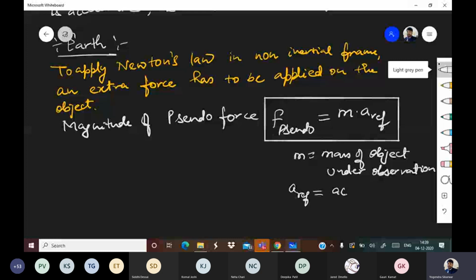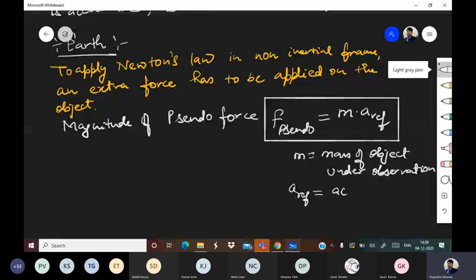When study of motion is done from an accelerated frame or non-inertial frame. Number two, value of force will be F is equal to M into A ref. That is the magnitude of pseudo force.